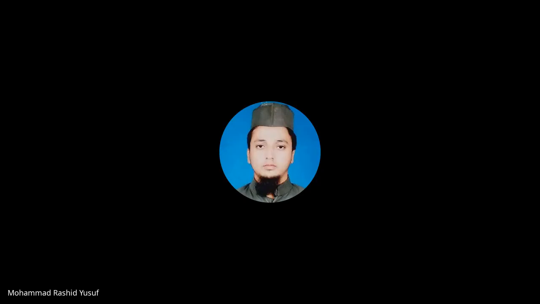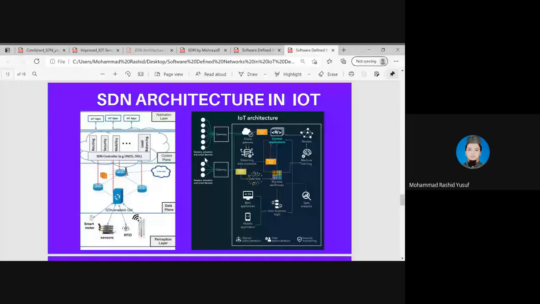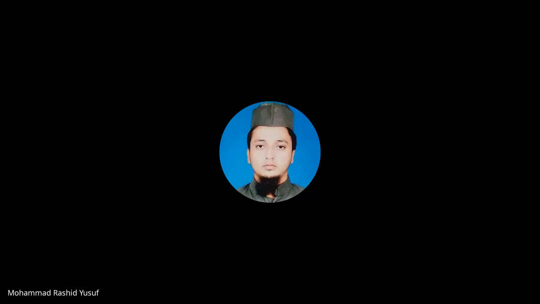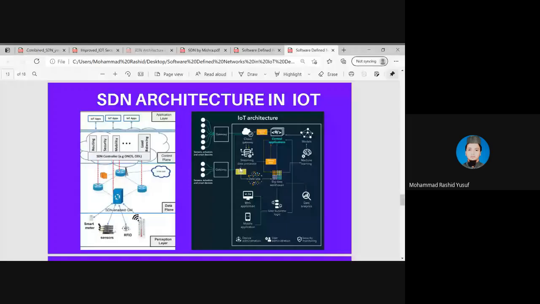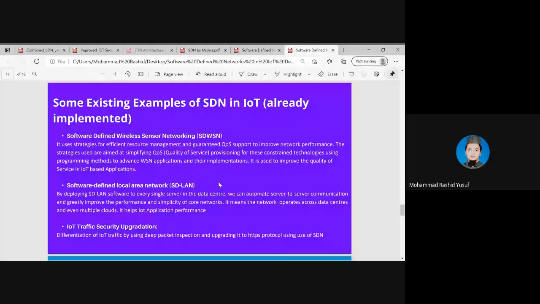The gateway is connected to the cloud gateway, and after connecting, the data preprocessing is here and depicted, everything is here. Some existing examples of SDN in IoT: where is the application of software defined network? Software defined network is used in wireless sensor networking, software defined local area networks, and IoT traffic security upgradation.